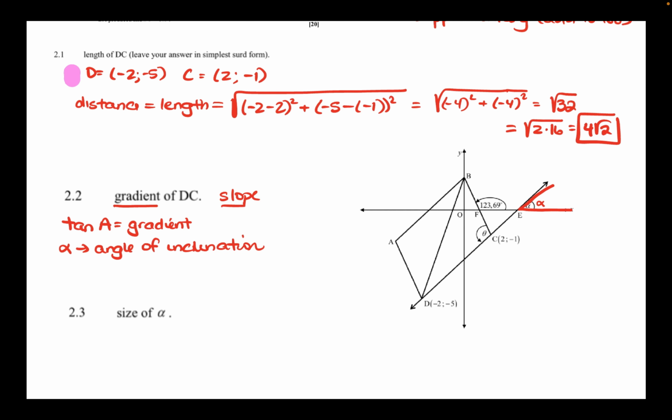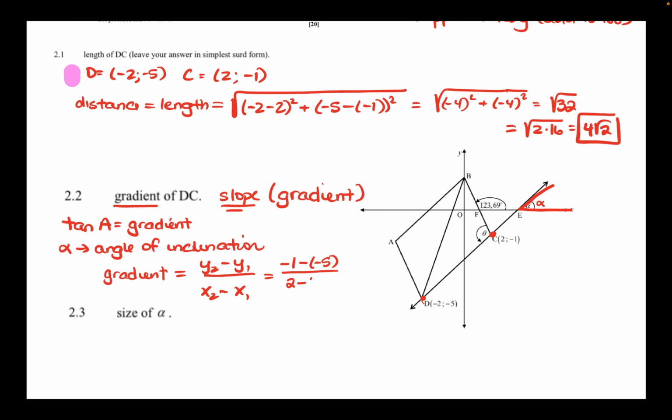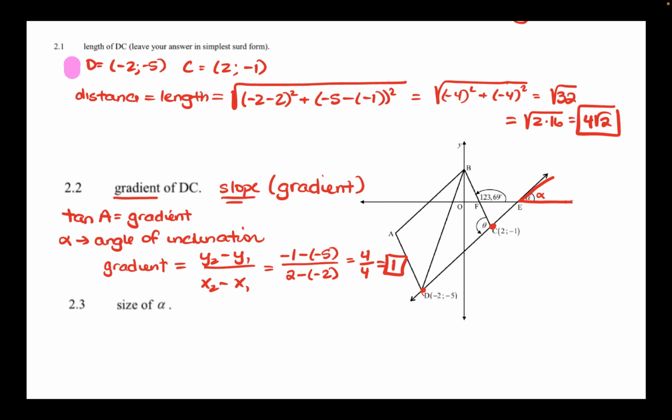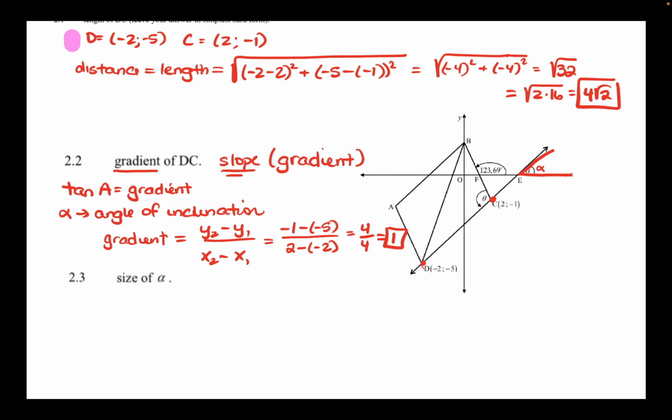And we don't even need to know alpha to do this because we have 2 points. Sorry, the slope is the word that I use for gradient. So the gradient formula equals y2 minus y1 over x2 minus x1. So that will be -1 minus -5 over 2 minus -2 from those 2 points. So that is 4 over 4, which is equal to 1. That is the gradient. It also happens to equal the tangent of alpha, but we don't need that yet.